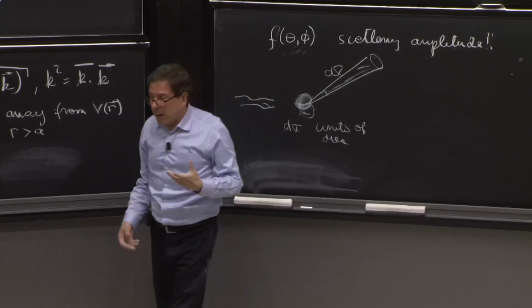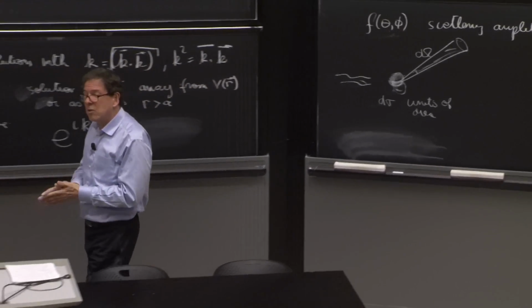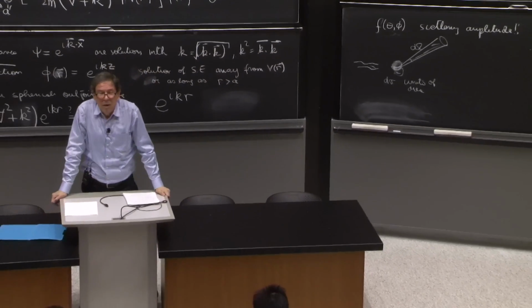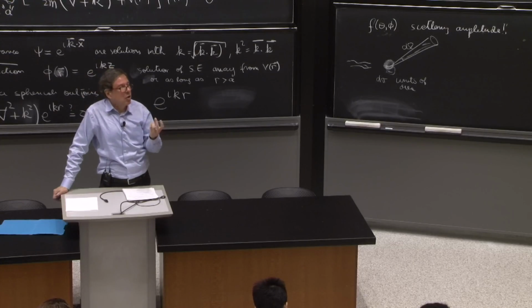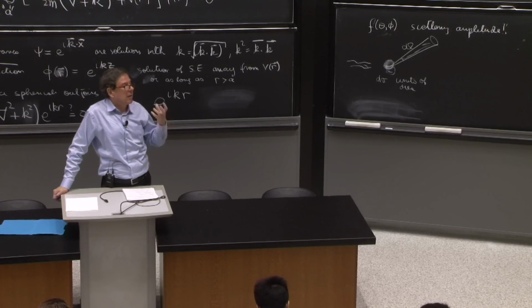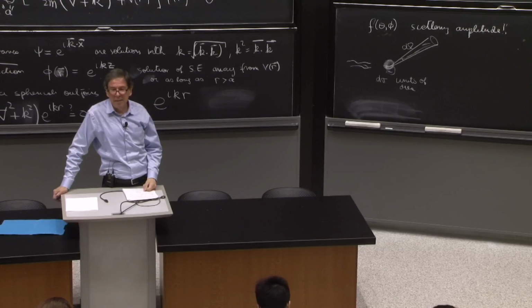So these differential cross-sections give you a concrete representation of how big the target is as seen by the particles that are coming in.